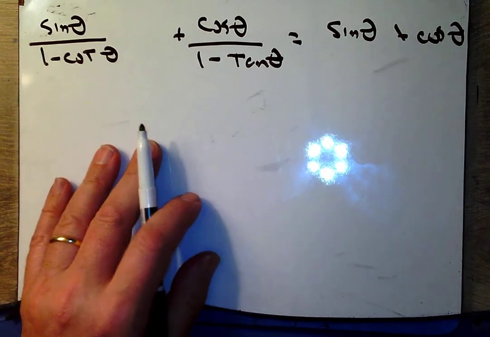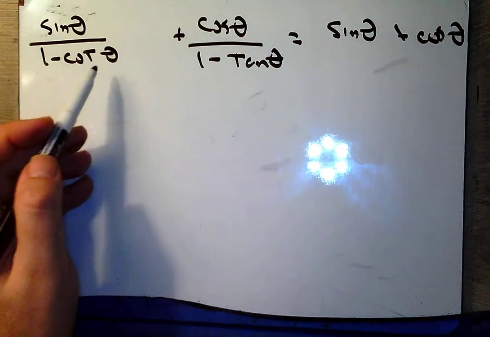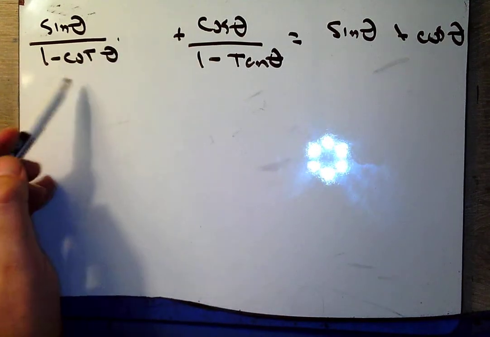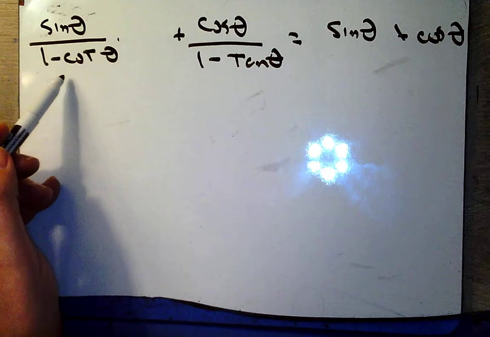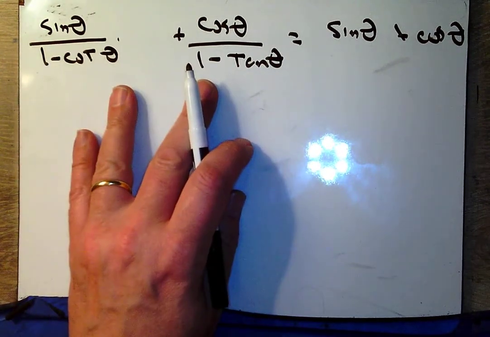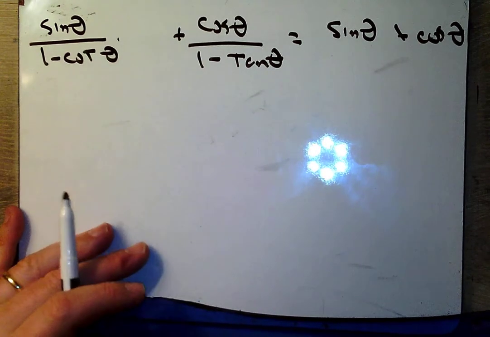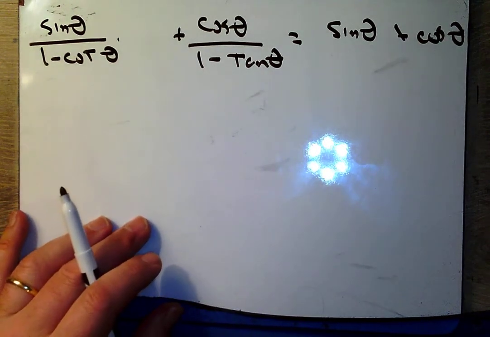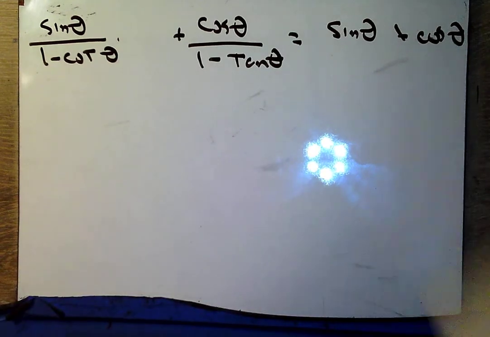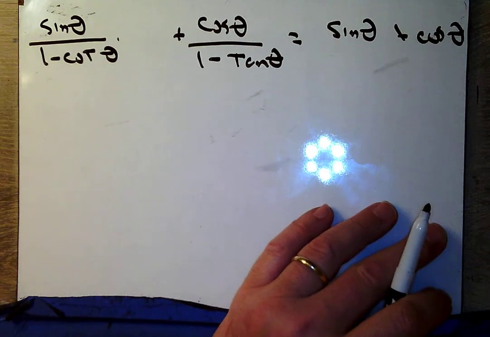Yeah, so you've got a couple of things you can do here. You could multiply top and bottom by the conjugate. You could make a common denominator. You could rewrite everything in terms of sines and cosines. What would be easier for you? What do you think would be the best way?